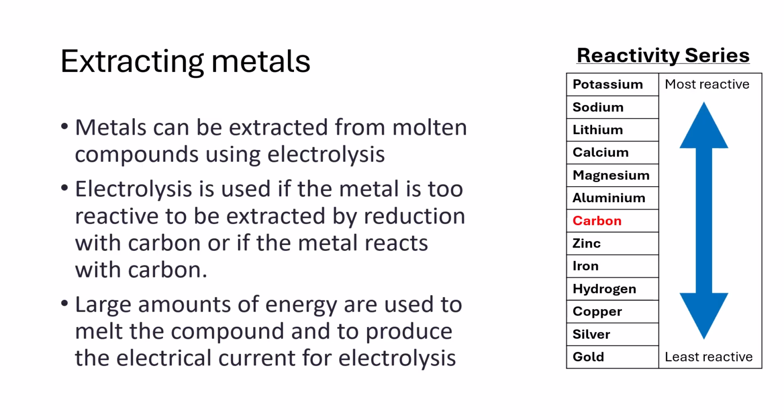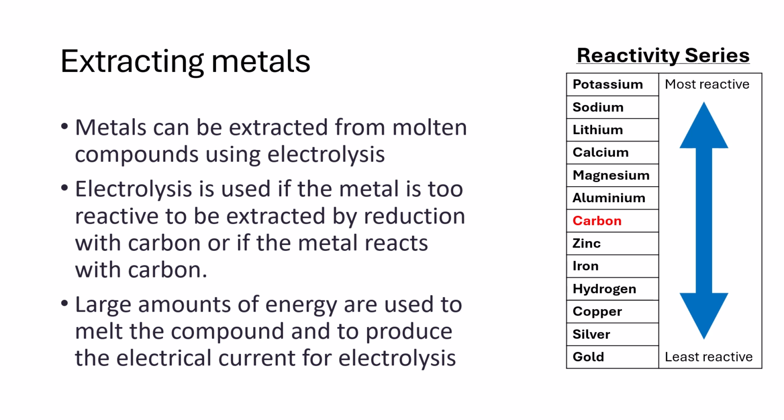Now, when it comes to extracting metals, you do need to know the reactivity series, and you do need to know where carbon and hydrogen are in the reactivity series. If you haven't memorized this up to now, I strongly recommend that you pause the video, go through the first letter of each of the elements, and you can learn them off as a mnemonic or whatever version you want to learn, but you do need to know the entire reactivity series for your chemistry exam.